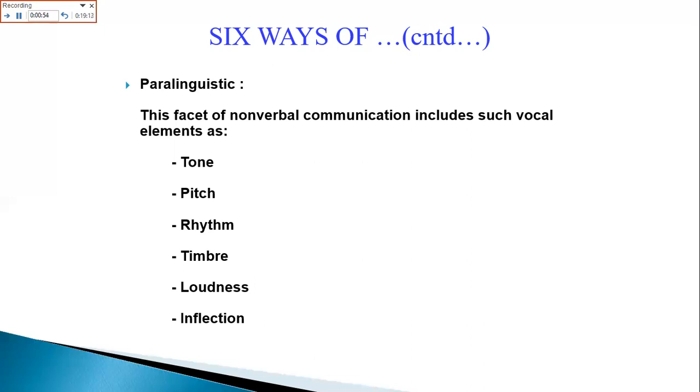So these six things are very important when we do paralinguistic action. It is very important part of non-verbal communication, including such vocal element.